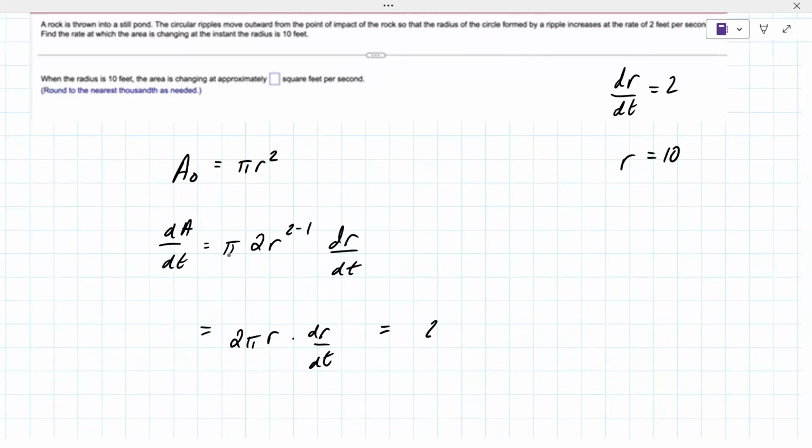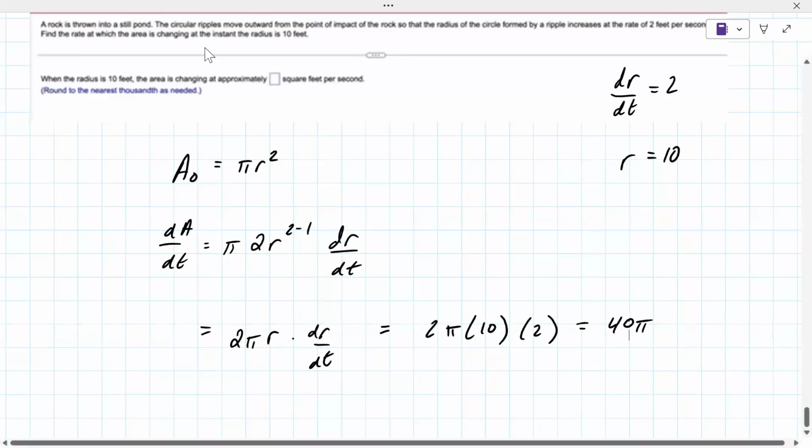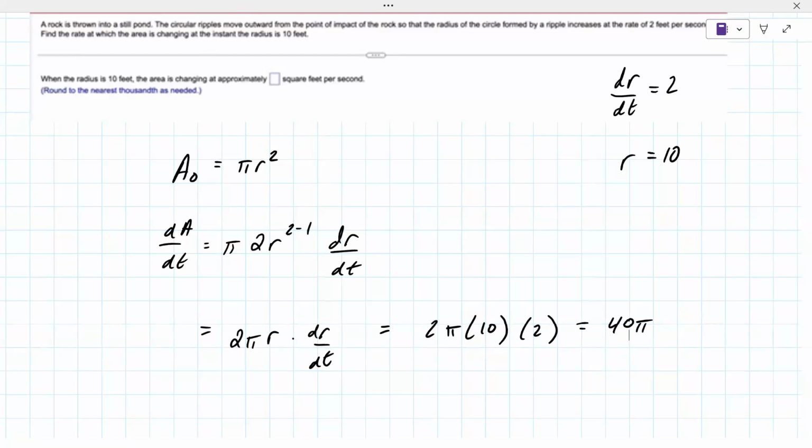So you have all these values: 2 pi, your radius is 10, your dr/dt is 2, which ends up being 40 pi. But this is rounded to the nearest thousandth, so you've got to go to your calculator there. 125.664. That's what I got for that one.